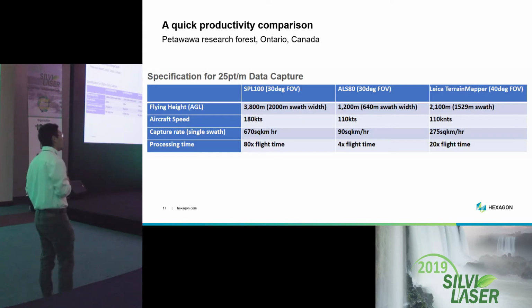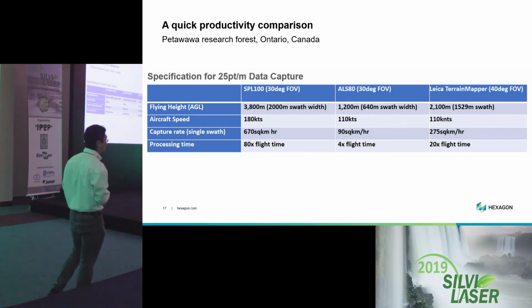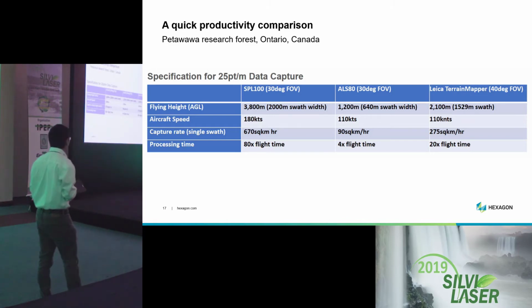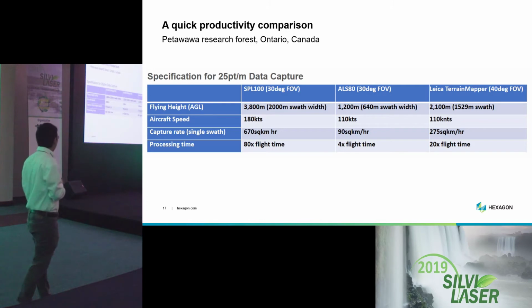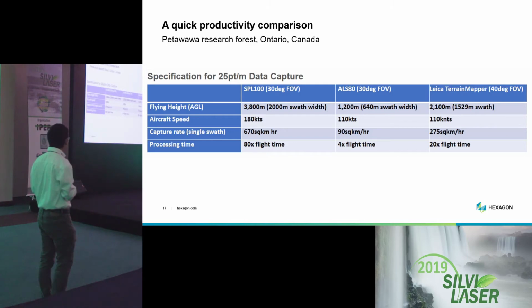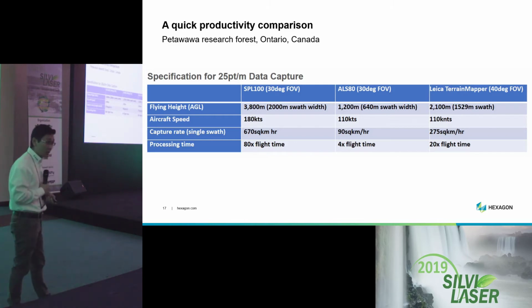When comparing with linear mode sensors, if you take the latest generation of terrain mapper, we are talking about flying at 2 kilometers height with 1,500 meters swath coverage and a productivity of 275 square kilometers per hour.